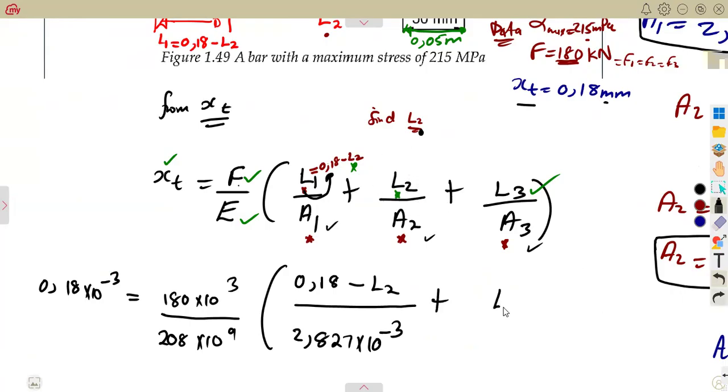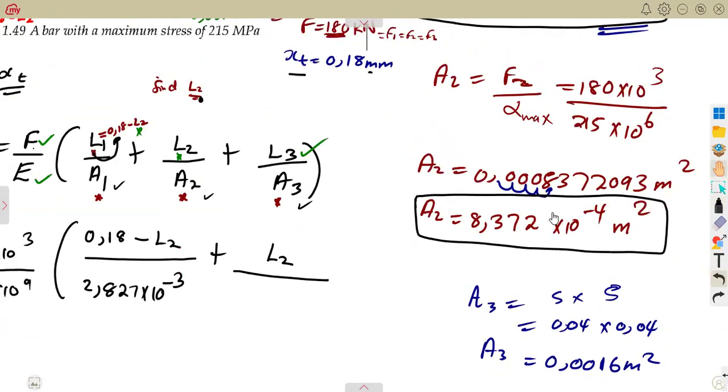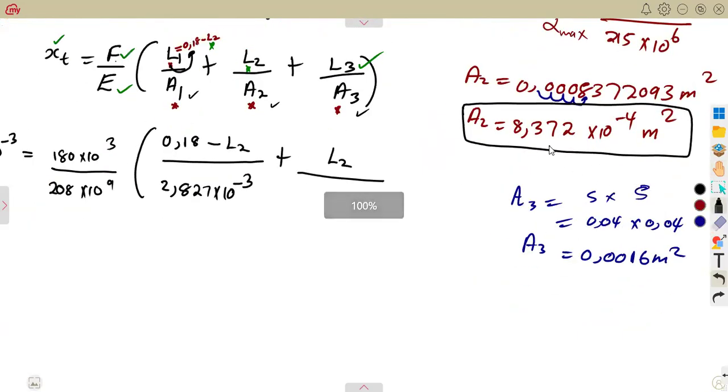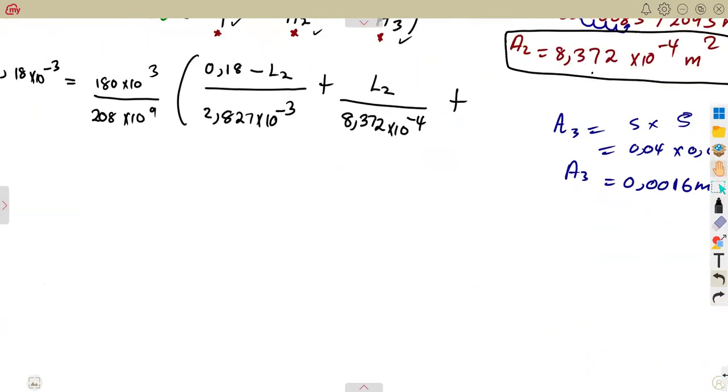So we're just going to write as it is, the middle portion over the area of the middle portion. When we calculated, this is what we got, 8,372 times 10 to the exponent of minus 4. The last section, L3, we have it. So you cannot write in terms of L2 because it's there. 0.05 meters in meters.